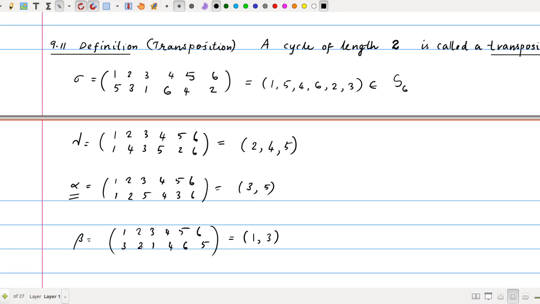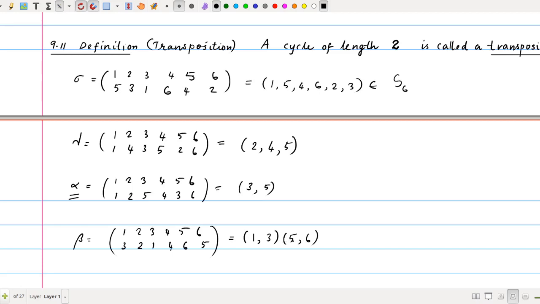Then 2 goes to 2, so 2 is fixed. 2 is a single cycle of length 1, which can be identified as identity, so we can skip that. And 4 is also fixed. Then 5 goes to 6 and 6 goes to 5. So this completes another cycle. So this beta is nothing but a product of two transpositions, or two disjoint cycles.